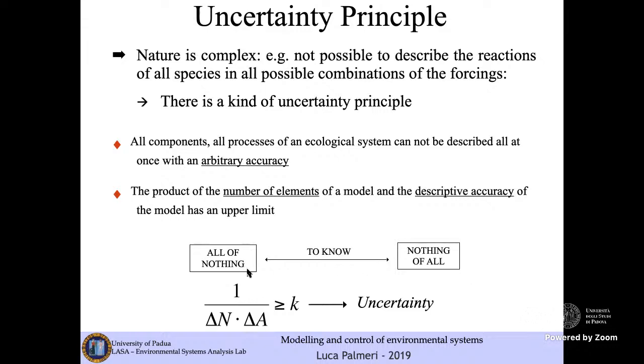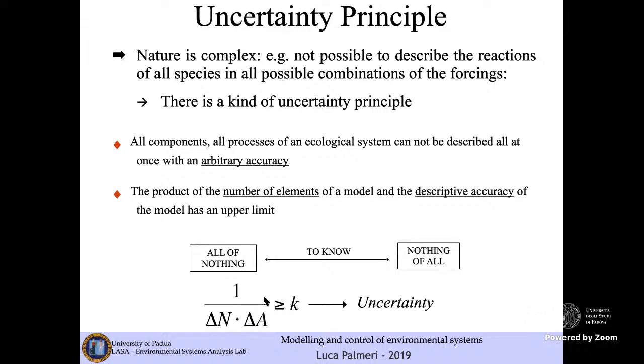So the idea is that we may formalize this numerically by writing that the reverse of the product of a number of elements of a model times the uncertainty by which we describe these elements has a lower limit, and this represents the uncertainty of our description.